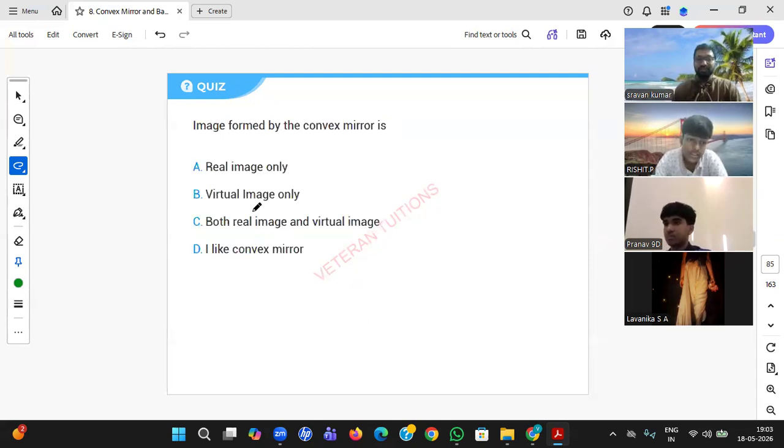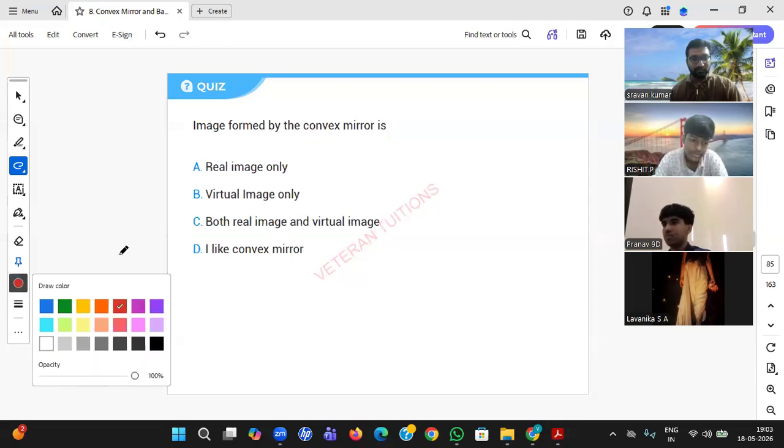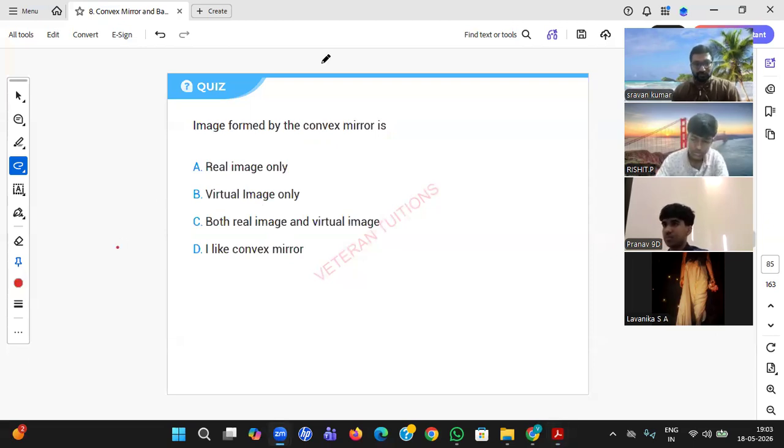Image formed by the convex mirror. Is anybody not giving the answer? Let me see. Vishnu Maya, image formed by convex mirror. So we have only 2 cases.